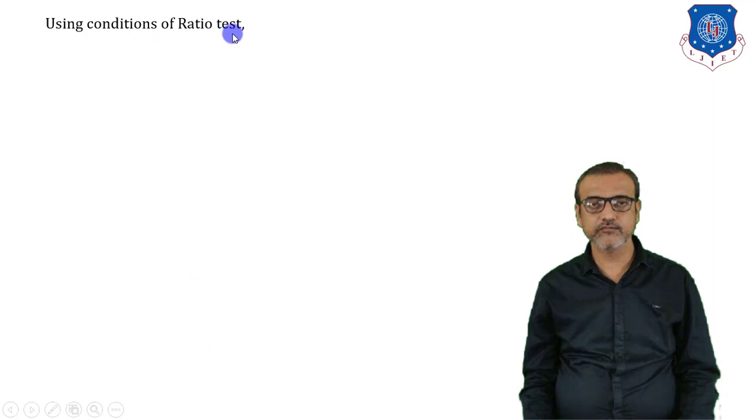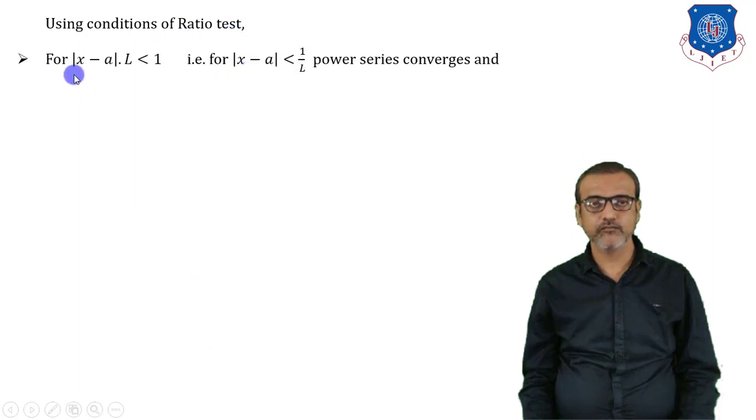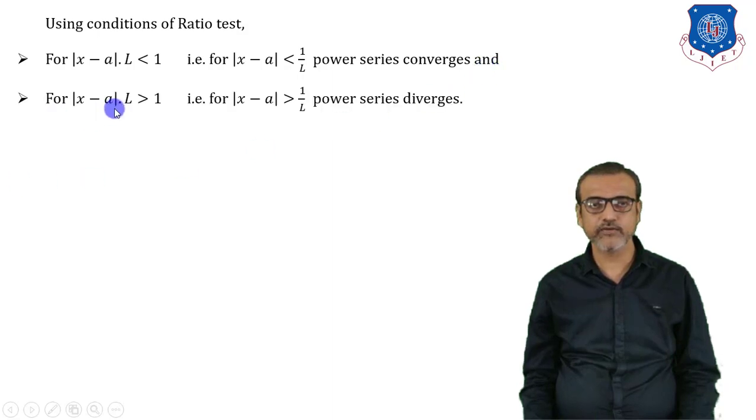Using the conditions of the ratio test, for modulus of x minus a into L less than 1, that is for modulus of x minus a less than 1 upon L, the power series converges. And for modulus of x minus a into L greater than 1, that is for modulus of x minus a greater than 1 upon L, the power series diverges.